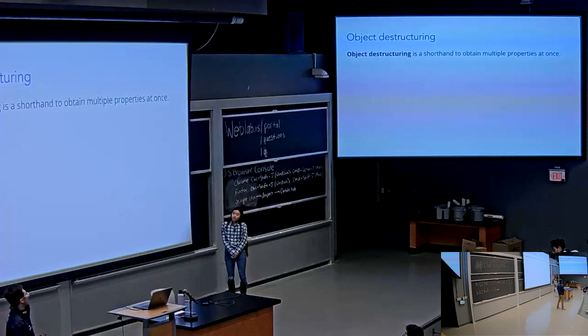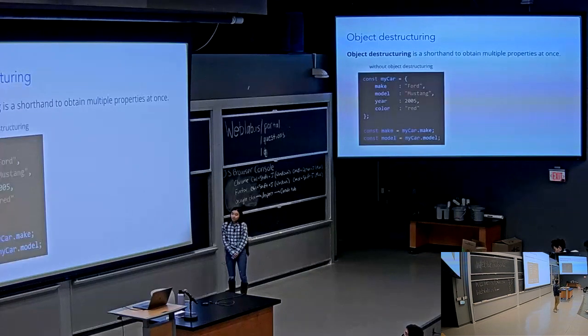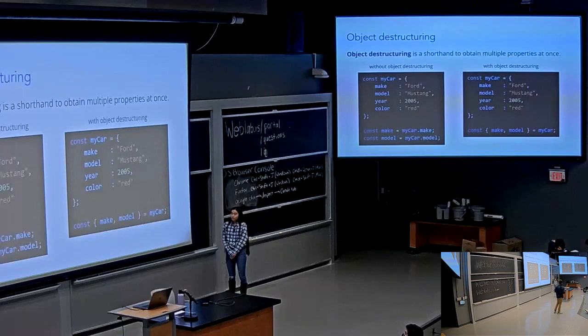Another way we can do this is with something called object destructuring, which is a shorthand to obtain multiple properties at once. This is very similar to what we had on the last slides. We have myCar.make and myCar.model to get the make and model from the car, and this is without object destructuring. With object destructuring, we can do this on one line here.